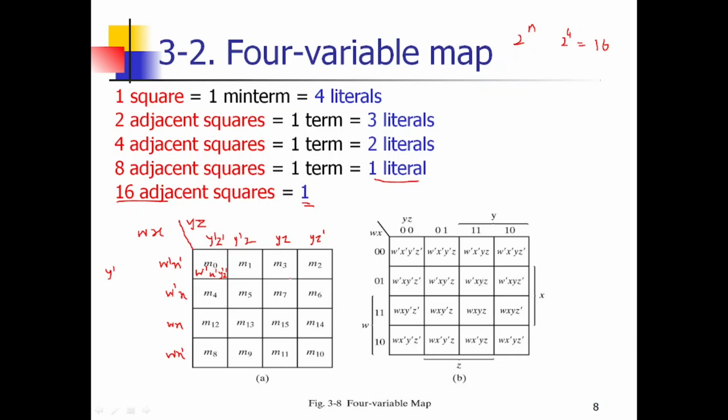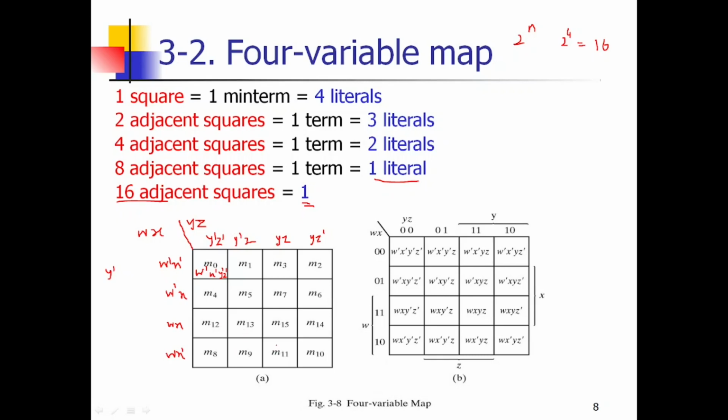4 adjacent squares form a quad possibility, meaning 4 adjacent cells. This is a quad possibility, this is a quad possibility, and this is a quad possibility, and also here.